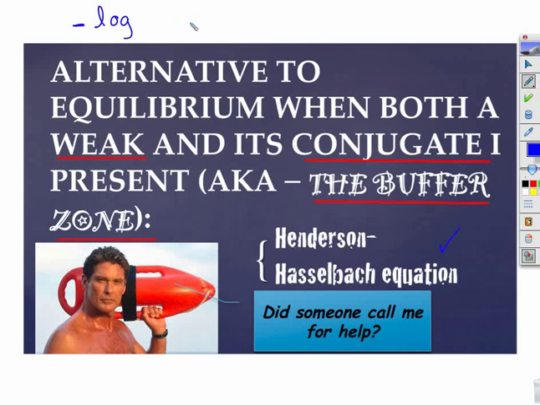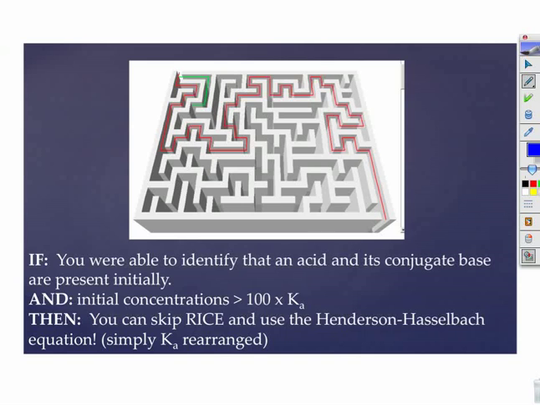If we took minus the log of both sides, we would end up with the acid form of this, and it gives us a shortcut. So if we're starting here and we need to end way over here, instead of having to follow the maze through DSE and all of that, we get a shortcut at least on the equilibrium. You still have to do the stoichiometry, but you can do it with Henderson-Hasselbalch.